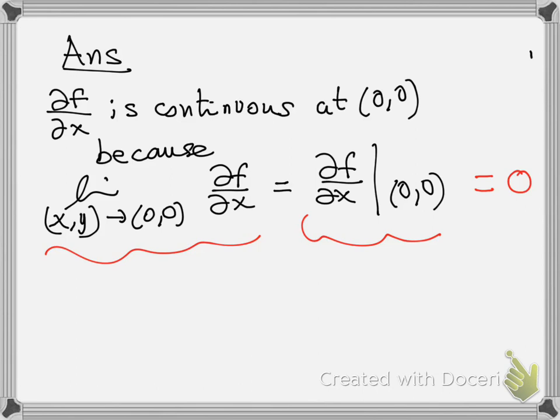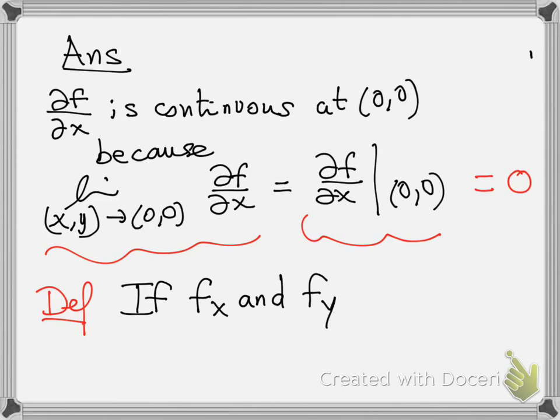And actually, this is part of the definition. If the partial derivatives exist, so sometimes of course they do not exist. I mean, if the limit does not exist, then the partial derivative does not exist, of course.